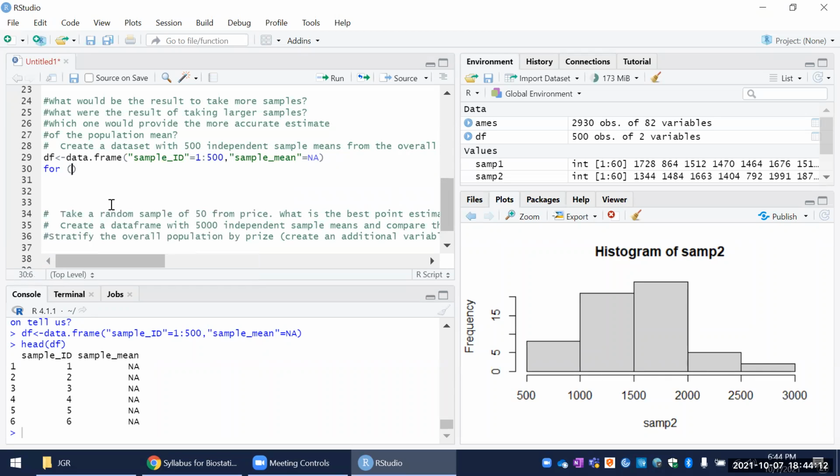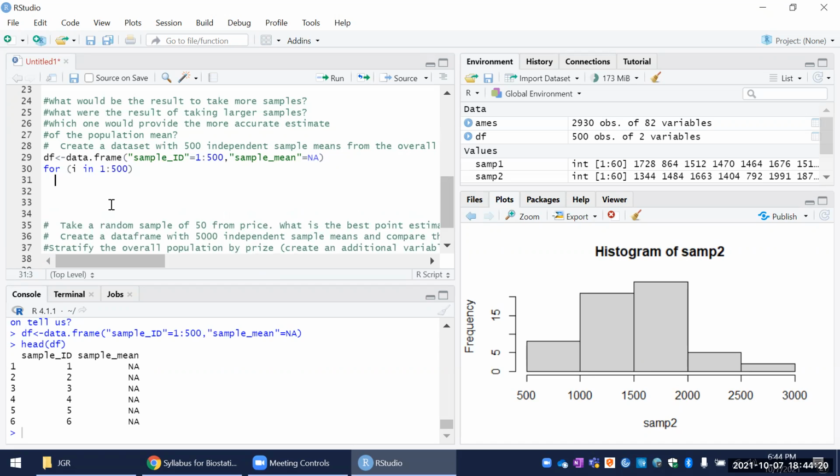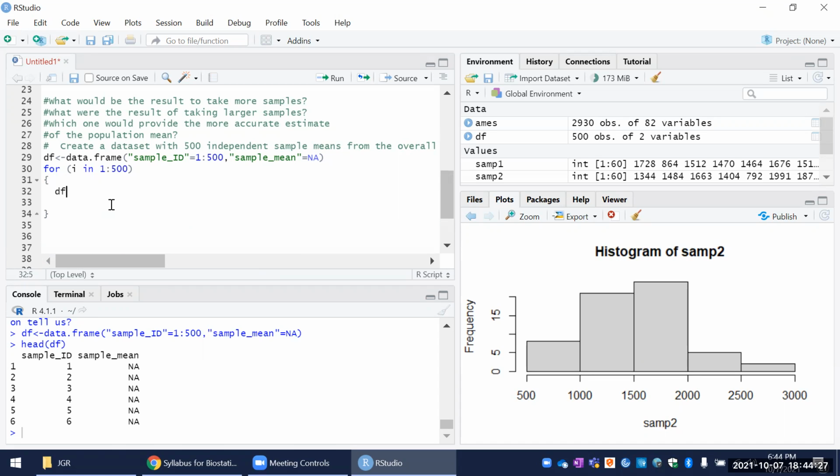So we do now for i in 1 to 500 do, curly bracket, df[i, 2], which is the row, 2, which is the sample mean, equals mean of sample of we do df, we do Ames greater living area with our 60 guys, with our 60 houses.